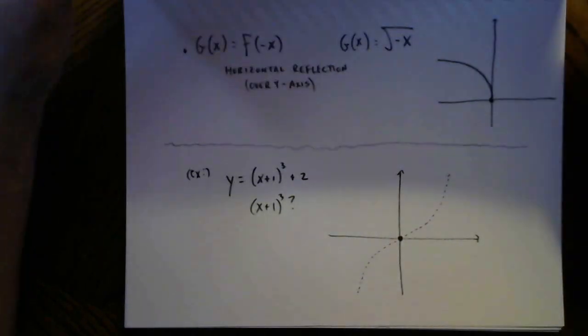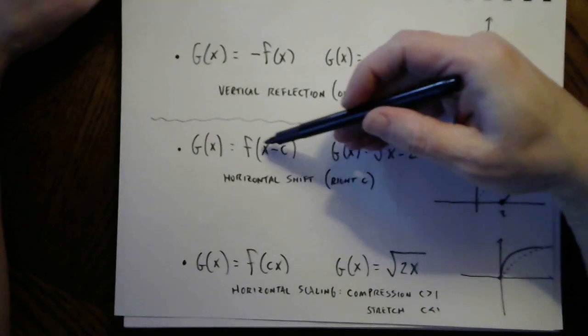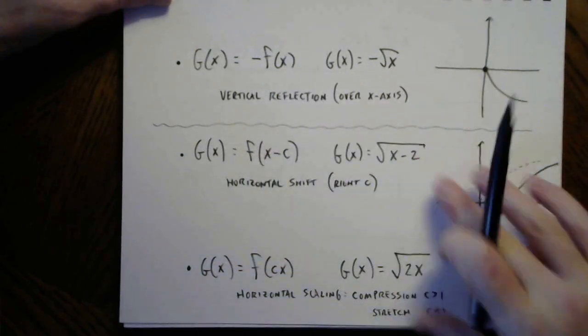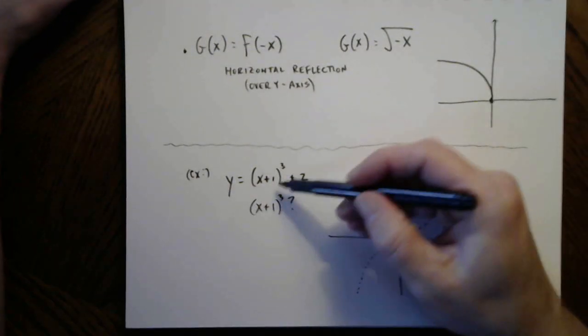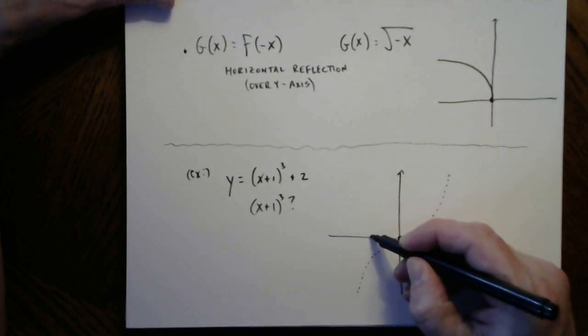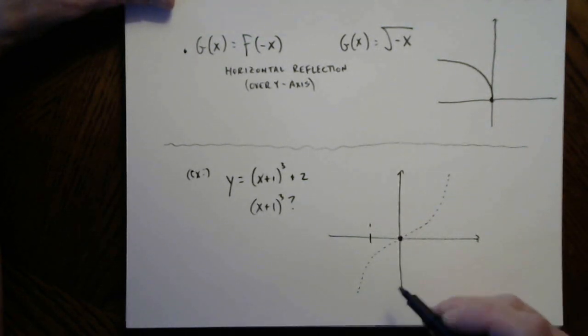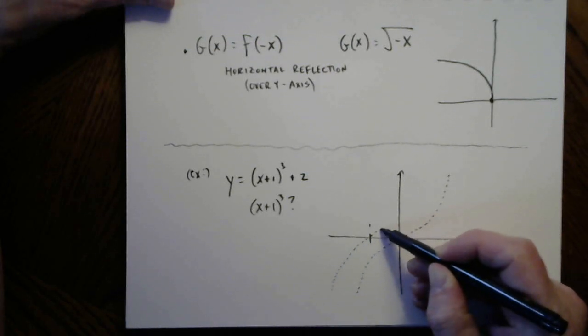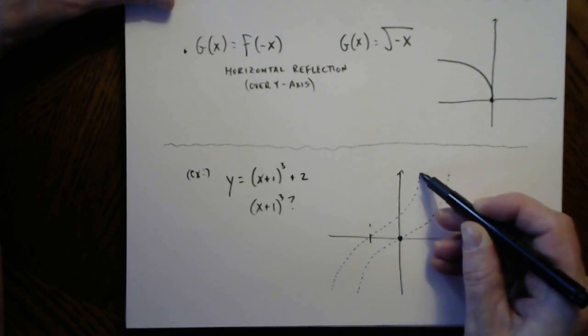So the first thing I notice is here, x plus 1 cubed. Okay, well, what was that? That was a shift horizontally. And again, if it's minus, it's right. If it's plus, it's left. So this is a shift 1 unit to the left. So I'll even put the 1 there. So again, that's just one of the, it looks like there's two transformations. So I come in here and I do that.